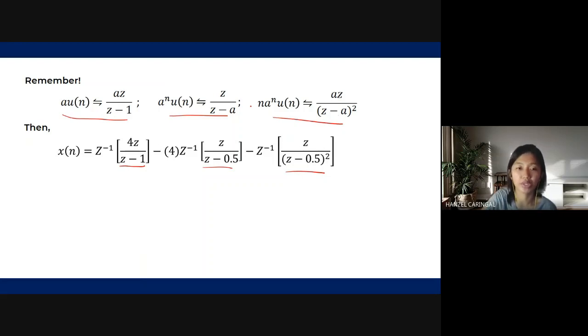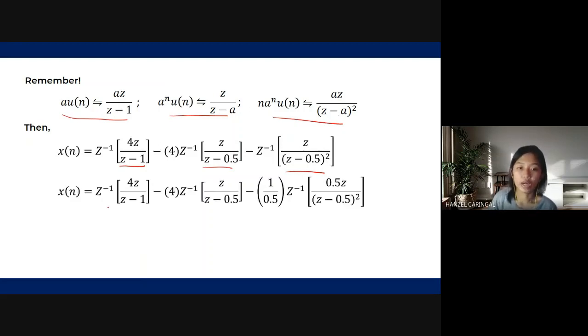For the third term, z over the quantity z minus 0.5 squared, we multiply it by 0.5 over 0.5.